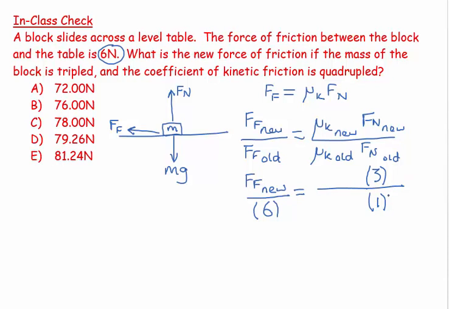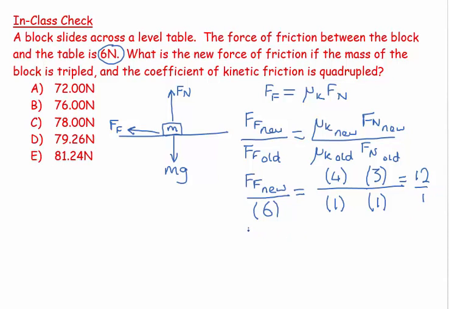It's just the ratio of 1 to 3, whatever I choose to do. Then I look and it says, oh, and the coefficient of kinetic friction is quadrupled. Well, if the old one was 1, then the new one is 4. So when I multiply this out, I get 12 over 1 if you like.